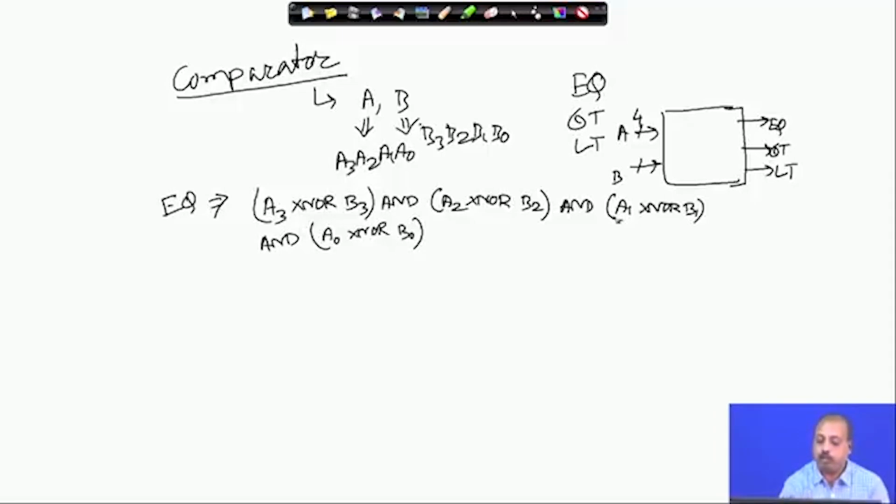So, all these sub terms will evaluate to 1, so EQ will become equal to 1.